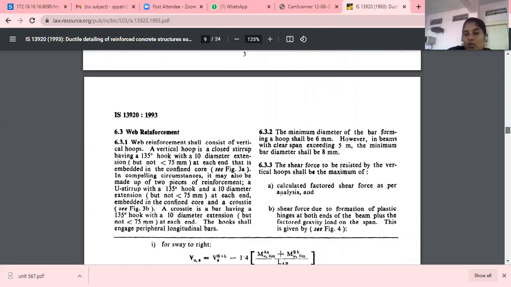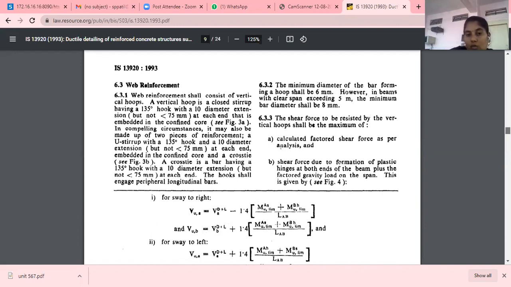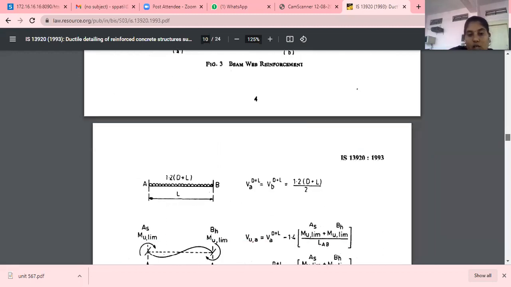Web reinforcement: what is the web reinforcement and how to calculate it? Where to calculate web reinforcement for the vertical hoops? Again, a vertical hoop is a stirrup having a 135-degree angle with 10 mm diameter. And the formulas to calculate the web reinforcement are also given.